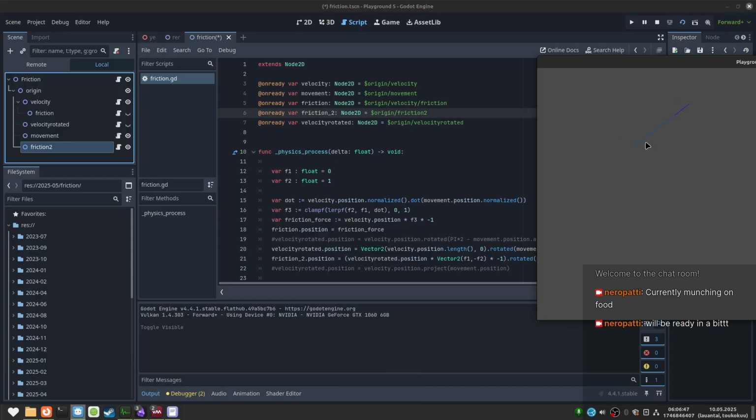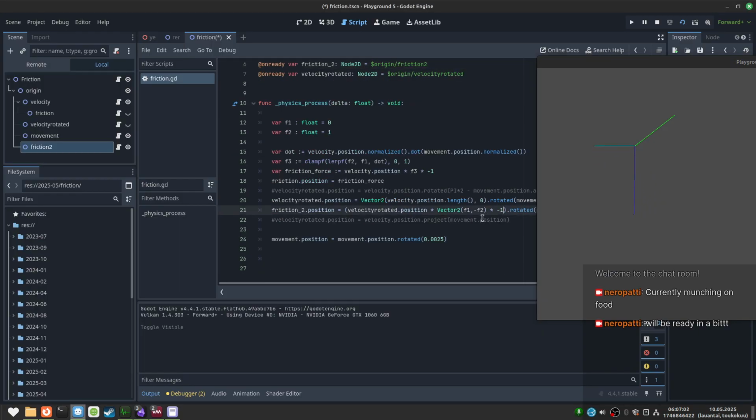Anyway, I'm taking the component of the velocity that's pointing away from the movement, and I'm also multiplying it by -1. Let me actually not do that. Let me not do that either.